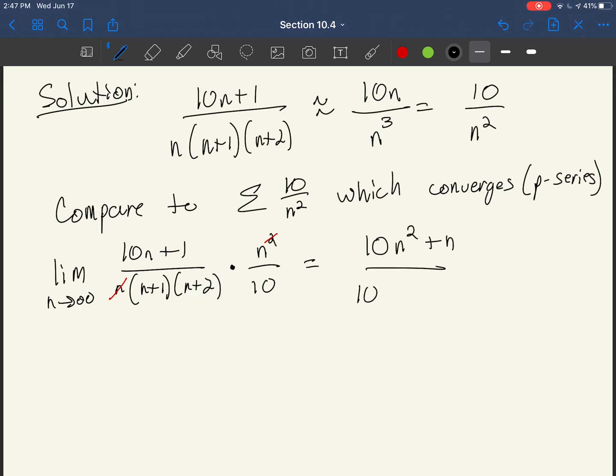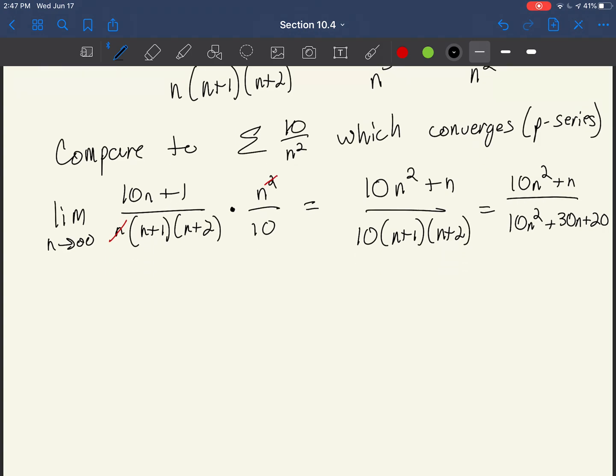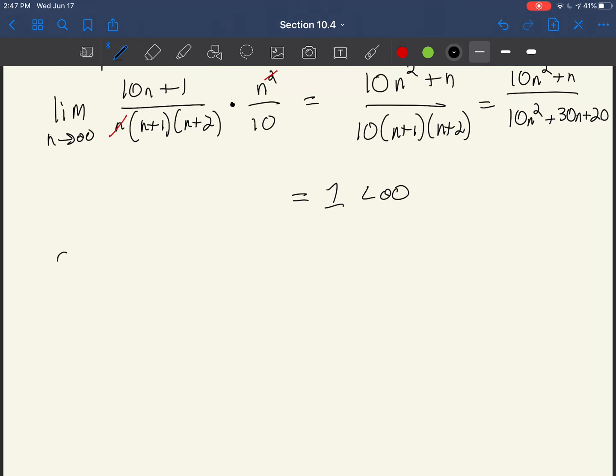So that will be 10n squared plus n divided by 10 times n plus 1, n plus 2. That's 10n squared plus n divided by 10n squared plus 30n plus 20. And that limit is just 1, which is finite.